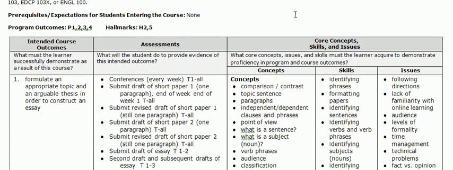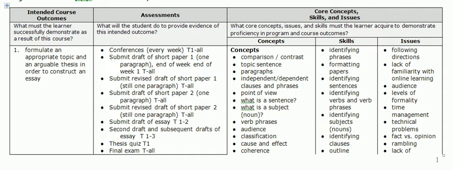The next column reflects the core concepts, skills, and issues that a student needs to have dealt with or mastered in order to accomplish these tasks and fulfill this outcome. So the students have to understand the concept of comparison and contrast. They have to have the skill of identifying sentences.